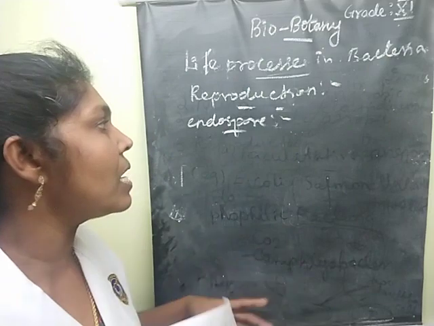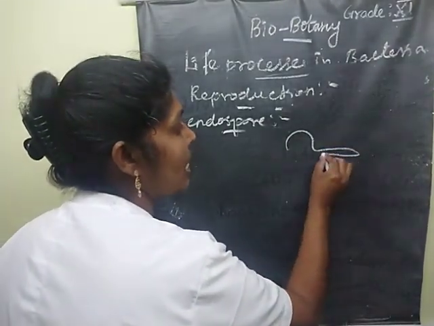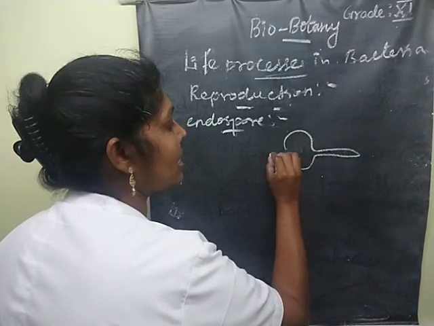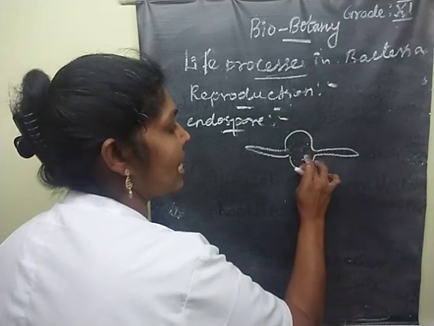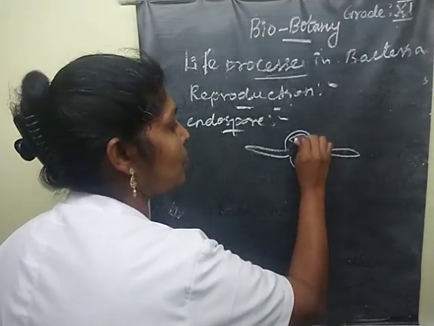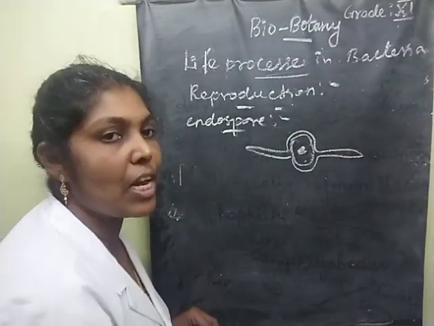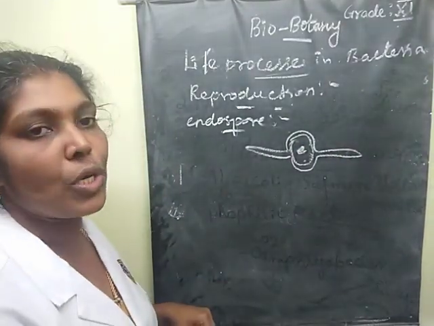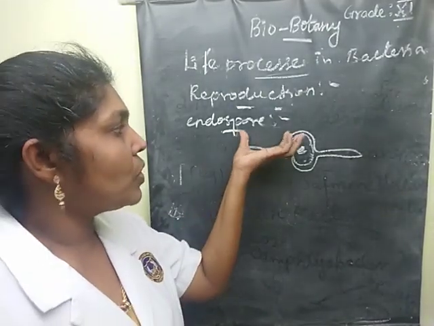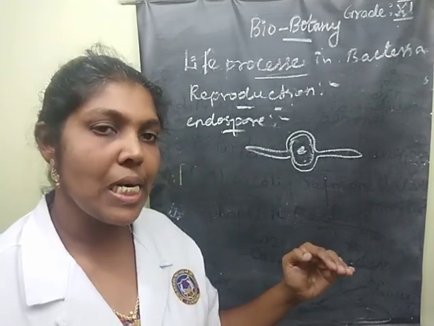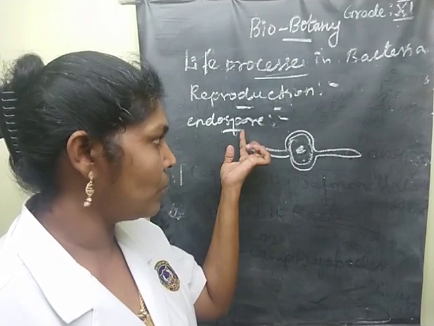So what is meant by endospores? Thick-walled resting spores are called endospores. Clear, children? Understood? So only under unfavorable conditions do bacterial cells produce endospores.